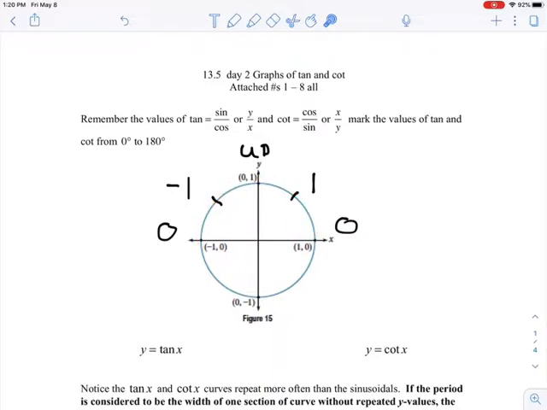That's one cycle. If we were to go down here, we would be +1, undefined, -1, back to 0. So we can reach the amplitude, the negative amplitude, and back to where we started in 180 degrees, just like you did with the other trig ratios. Okay, so that was for tangent there.